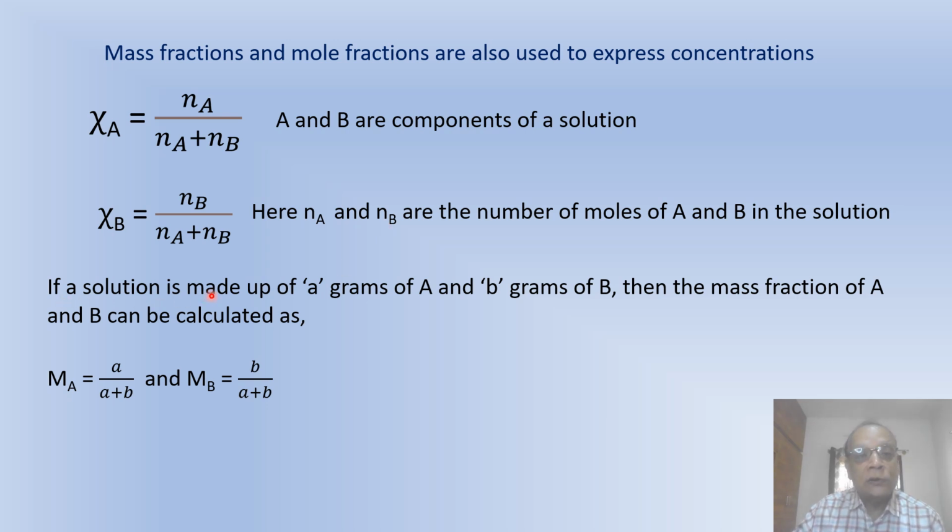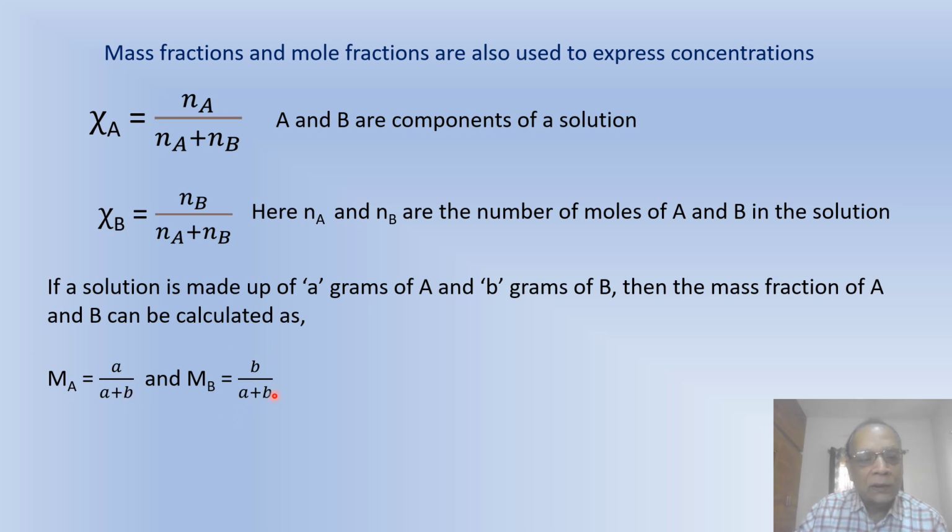If a solution is made up of A grams of A and B grams of B, then the mass fraction of A can be written as Ma equals A, which is mass of A, divided by mass of A plus mass of B, which is total mass of the mixture or the solution.